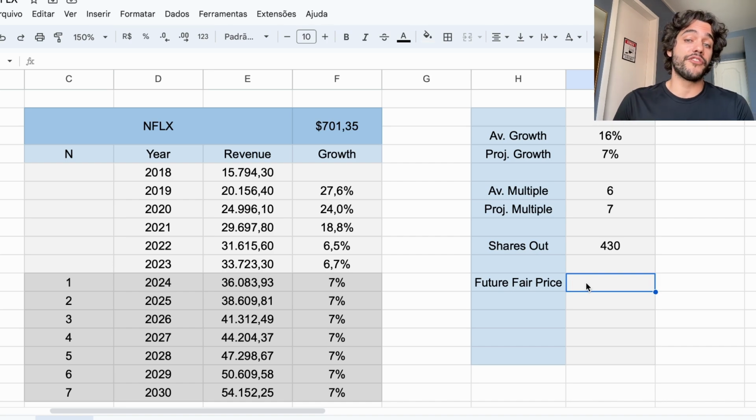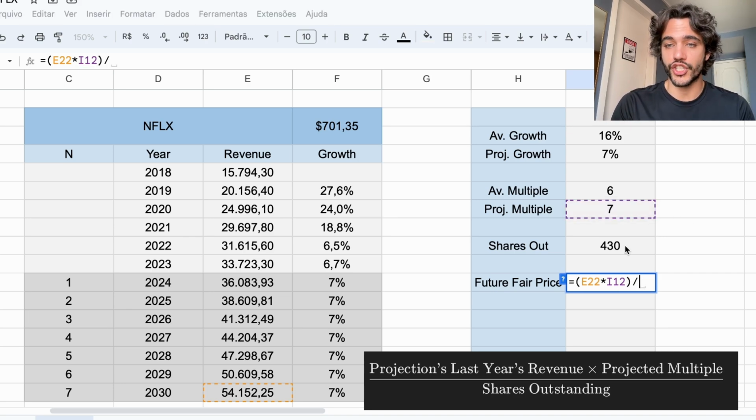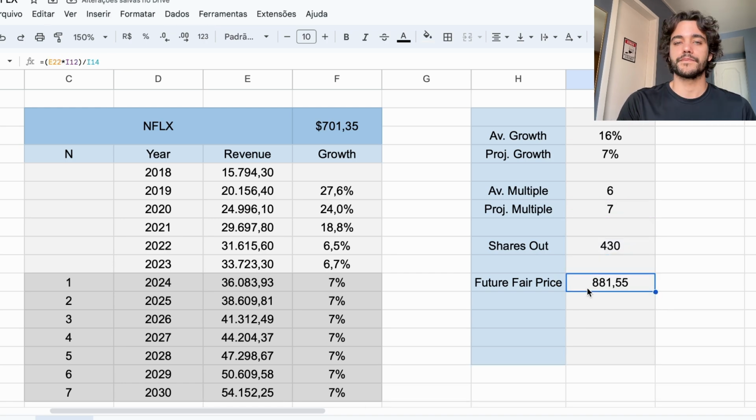But to get to our future fair price, we still need to set up some additional things. To find our future fair price, we need to type equal, open parenthesis, our last year revenue times our projected multiple, close parenthesis, divided by the number of shares outstanding. Enter.